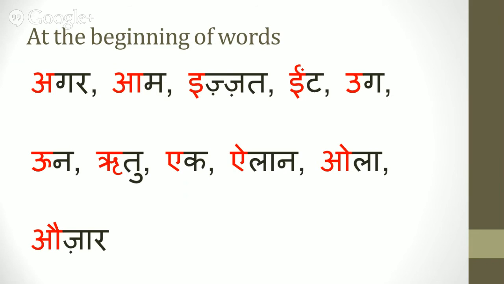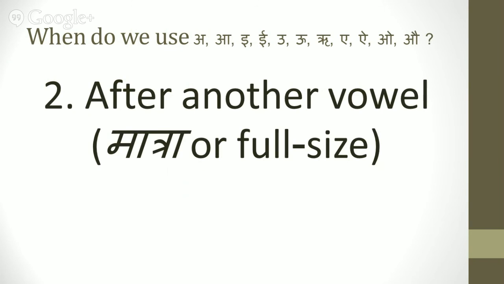So here's some examples. Notice at the beginning of words, we have to use the full vowel form. No matra goes in the beginning of a word. Only after a consonant. And if it comes after another vowel. Why? Because matras are only for vowels that come directly after consonants.